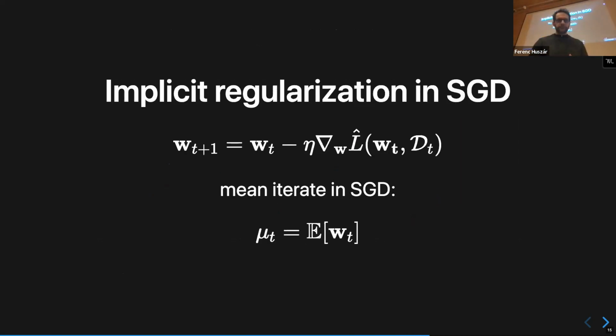Mathematically, this is SGD, which is stochastic because I evaluate the loss on a mini batch D_t, and I can look at the expectation of w_t, and I call that mu_t. This is the mean iterate. The expectation here is taken over different ways I could shuffle my data, or the different random seeds I could use to determine how I shuffled my data.